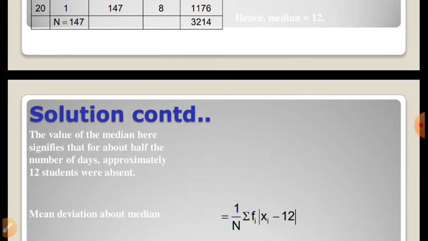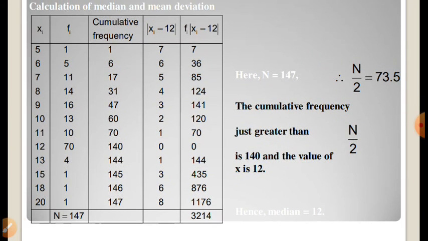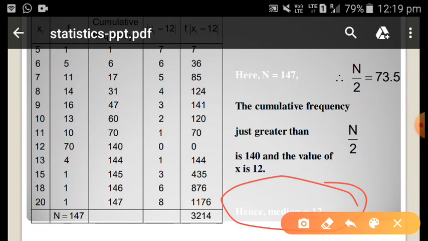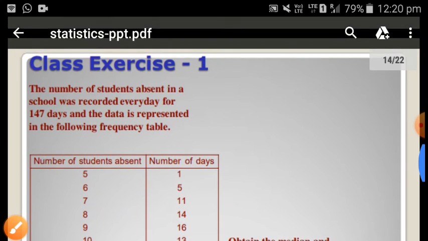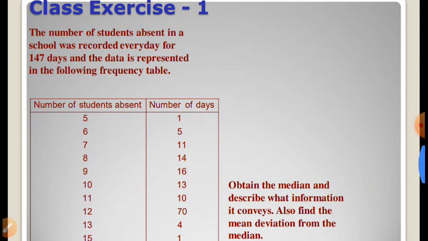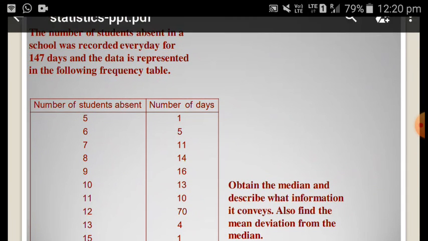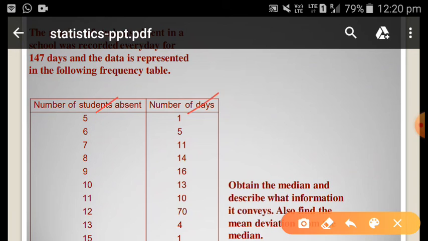Suppose the same question asks for the mean deviation about the mean. In place of the median, here you need to find the mean. So how do we find the mean? The sum of all the observations should be found. When you observe that 5 occurs 1 time and 6 occurs 5 times, you need to multiply them.